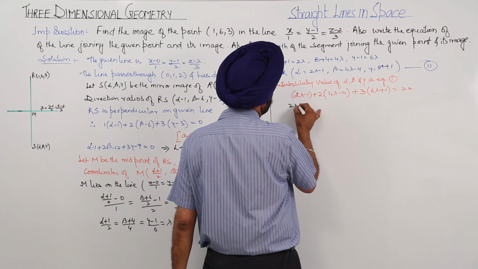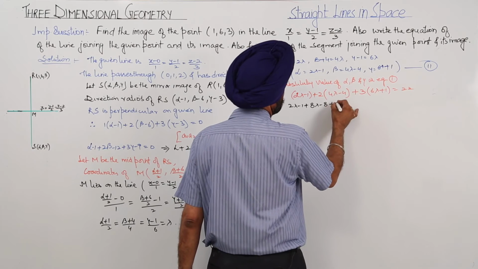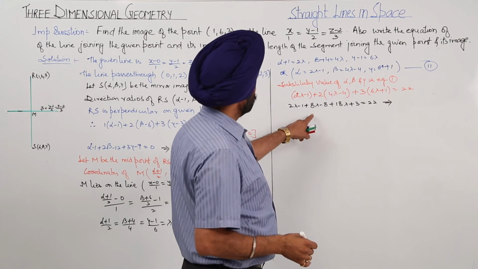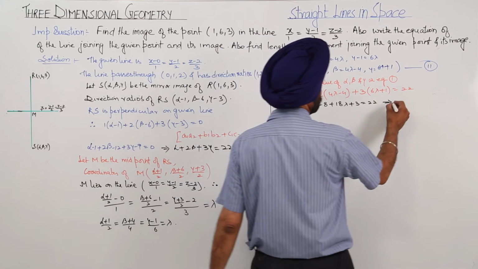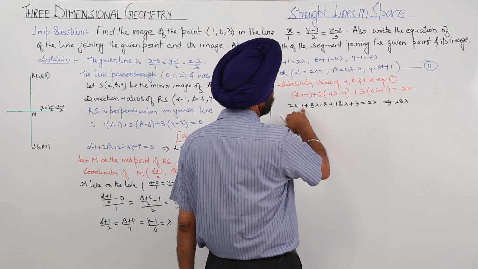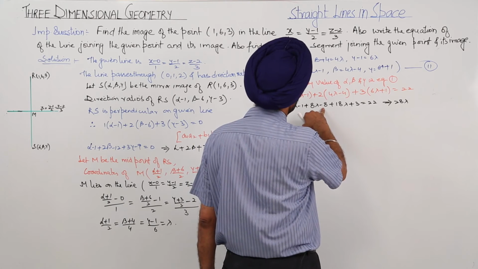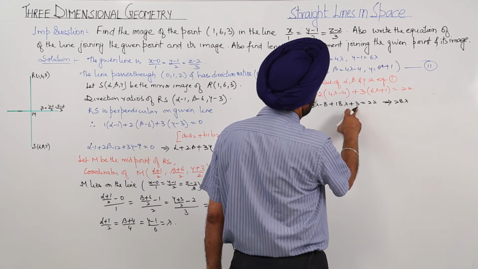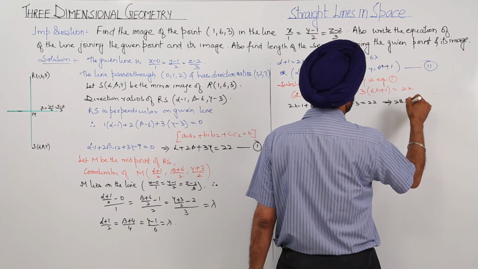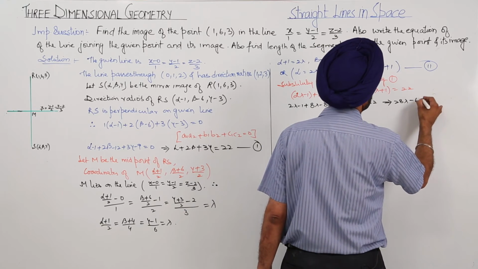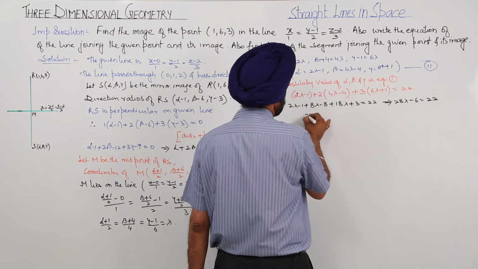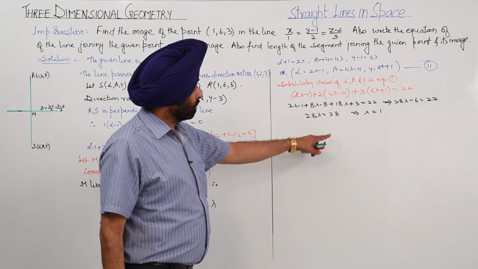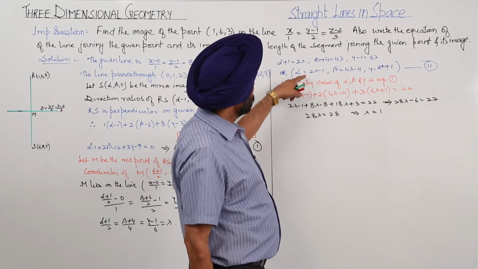So we have 2 lambda minus 1 plus 8 lambda minus 8 plus 18 lambda plus 3 is equal to 22, or 2 lambda plus 8 lambda is 10 lambda plus 18 lambda is 28 lambda, then minus 1 minus 8 plus 3, that is minus 6, is equal to 22. 28 lambda is equal to 28, or lambda is equal to 1.